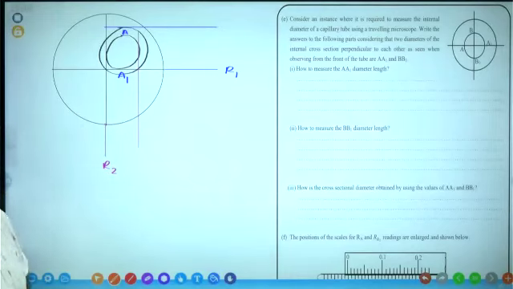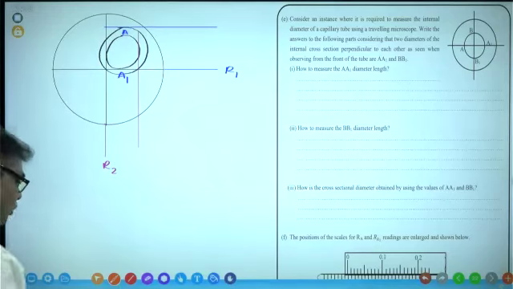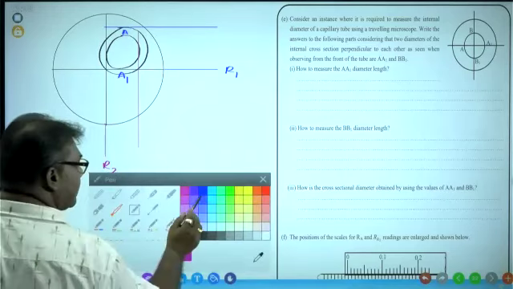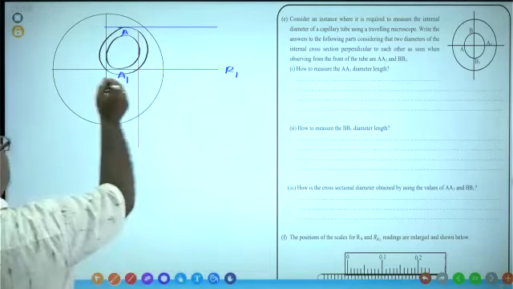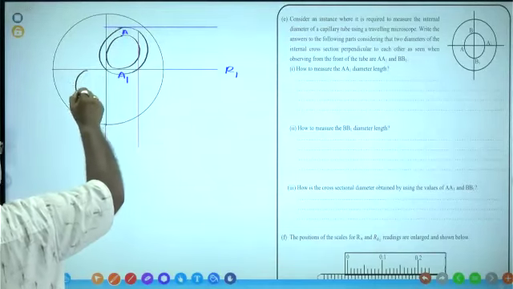Now turn the horizontal fine adjustment screw and vertical fine adjustment screw. You have to shift the capillary tube until here.